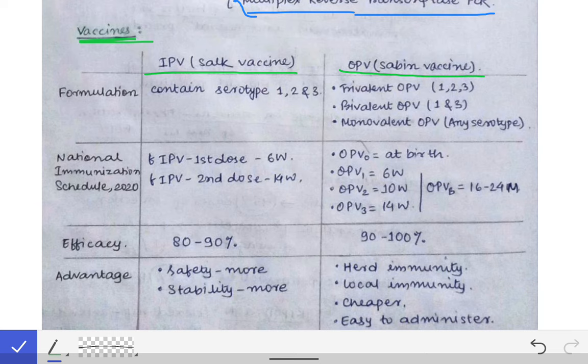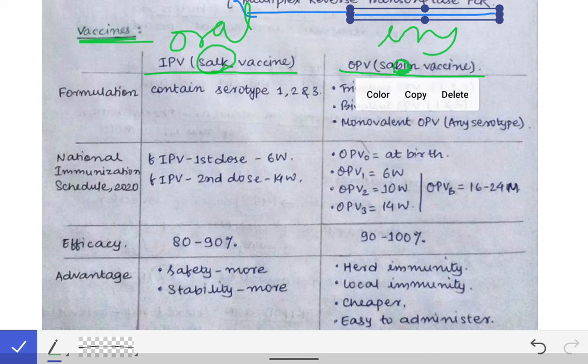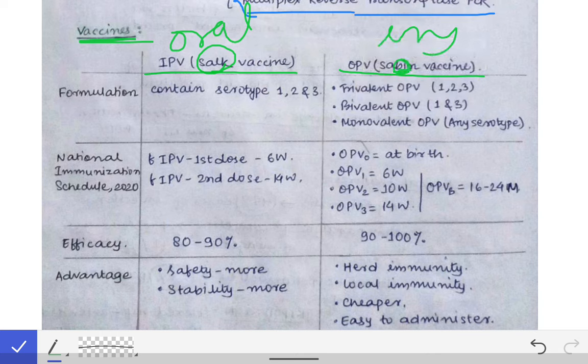See here, here it is written SAL, and here it is written I. In Sabin there is I, in Salk there is AL. AL means oral, and I means injectable.